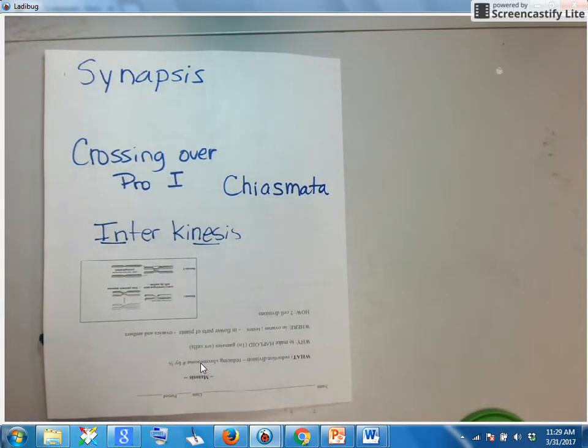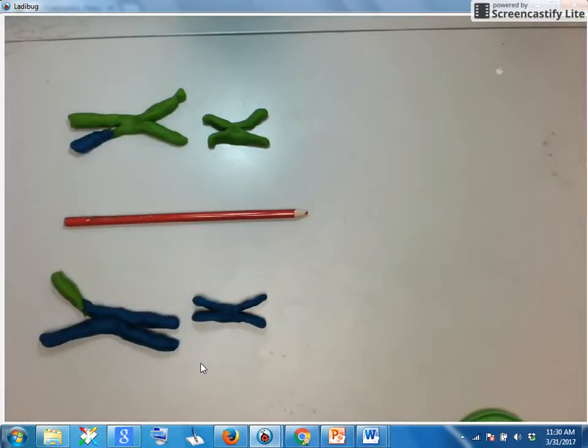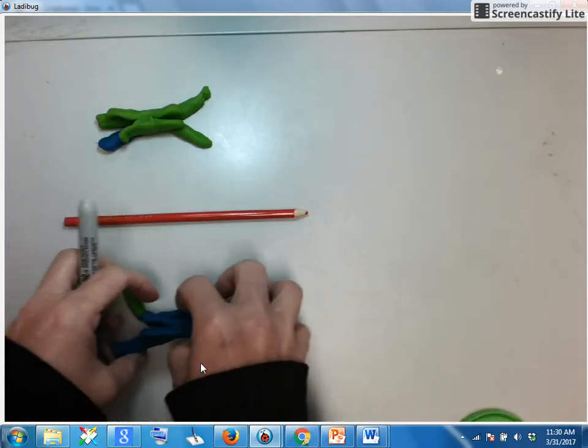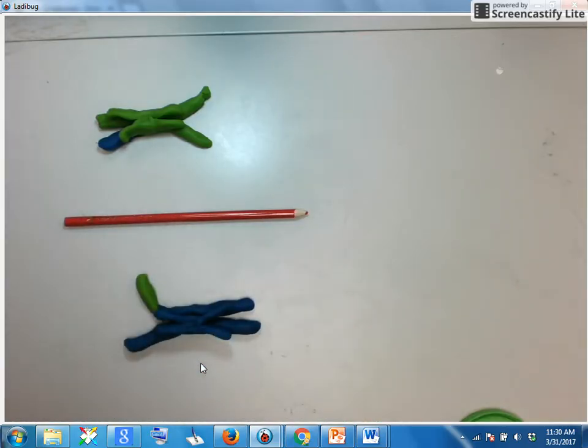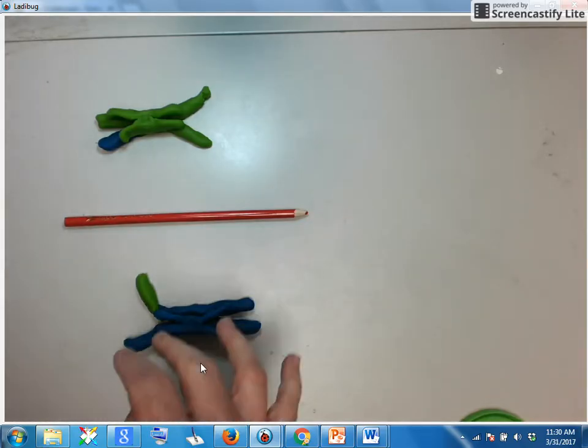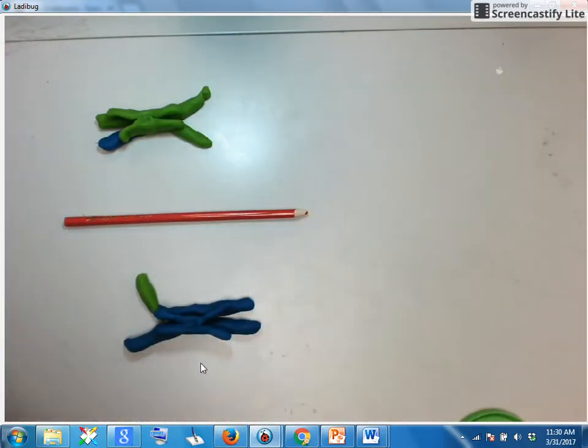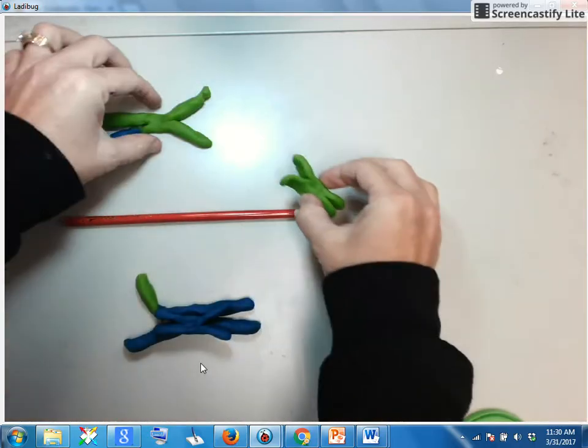And that is just a simple step, a resting stage between telophase 1 and prophase 2. During that time, these chromosomes would turn back into chromatin. These in this cell would turn back into chromatin. Okay. But there's no copying. We don't make another copy of the DNA.